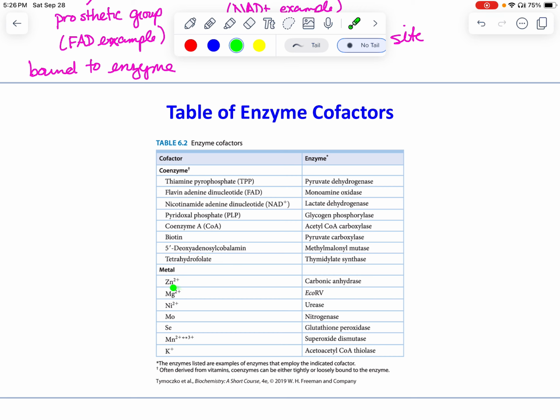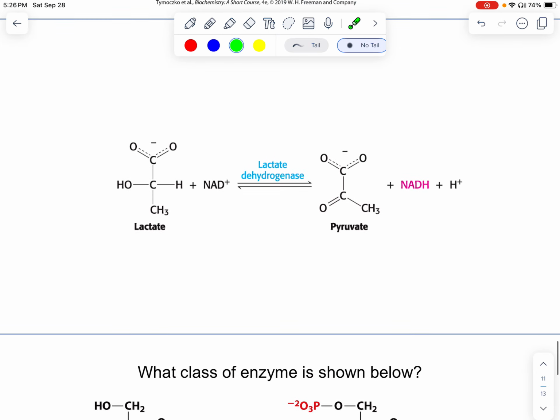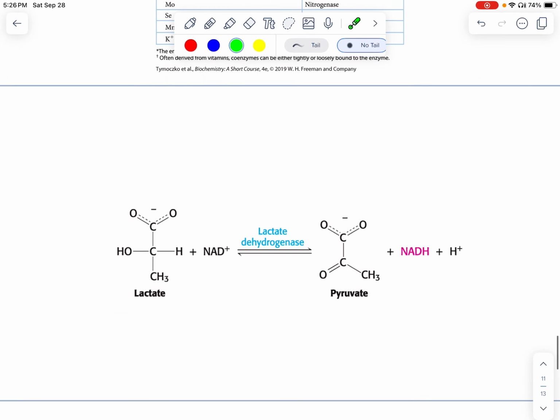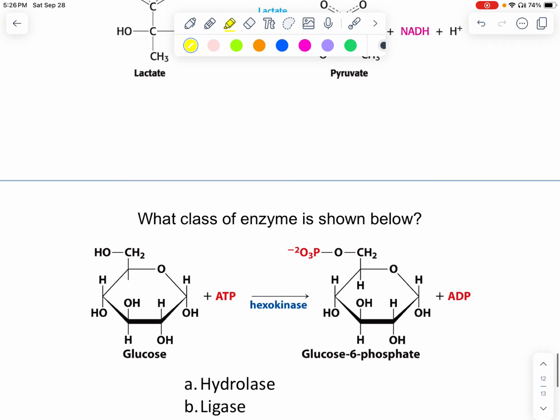You've got zinc, magnesium, and that's because many of these cofactors are things that you need to consume in your diet, and then they get utilized in these enzyme systems. I left this in here so we could go back and look at this again and say, remember, this was the cofactor. The enzyme needs that in order to work.